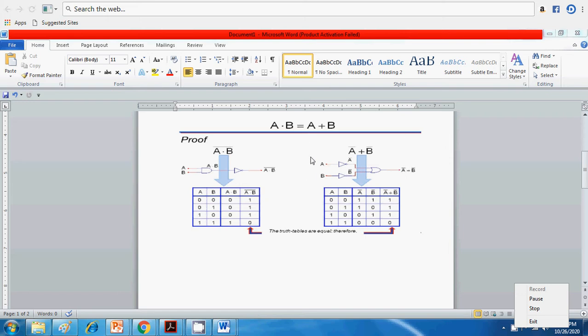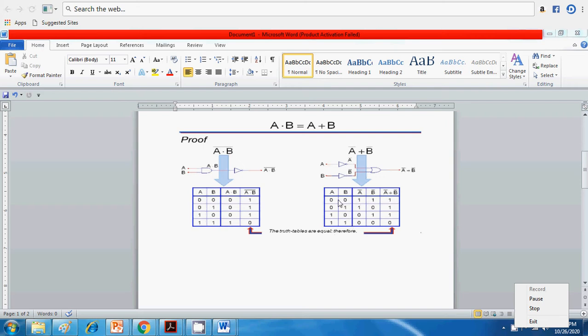Now we will check for the right hand side of the theorem, that is A bar plus B bar. So this is A bar, this is B bar, and after the OR gate it is A bar plus B bar. So for the four conditions 0, 0, 0, 1, 1, 0 and 1, 1, we will test this.